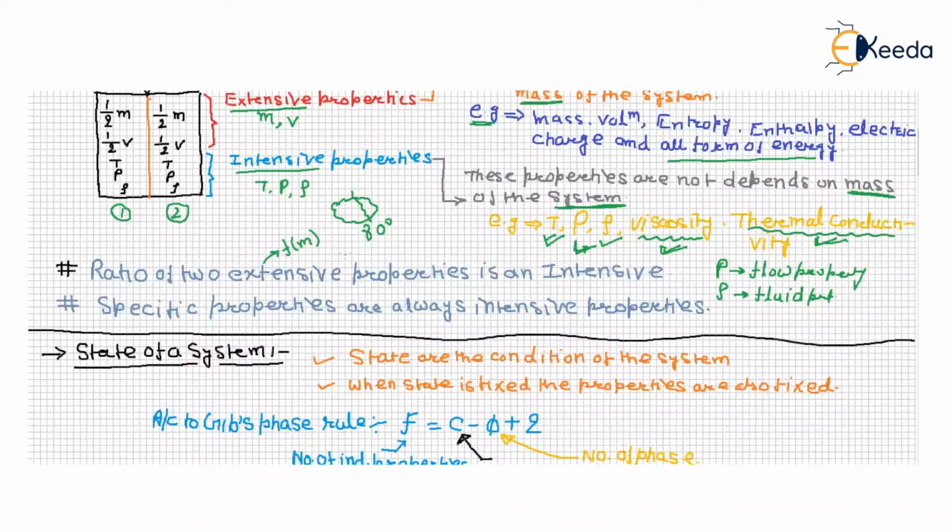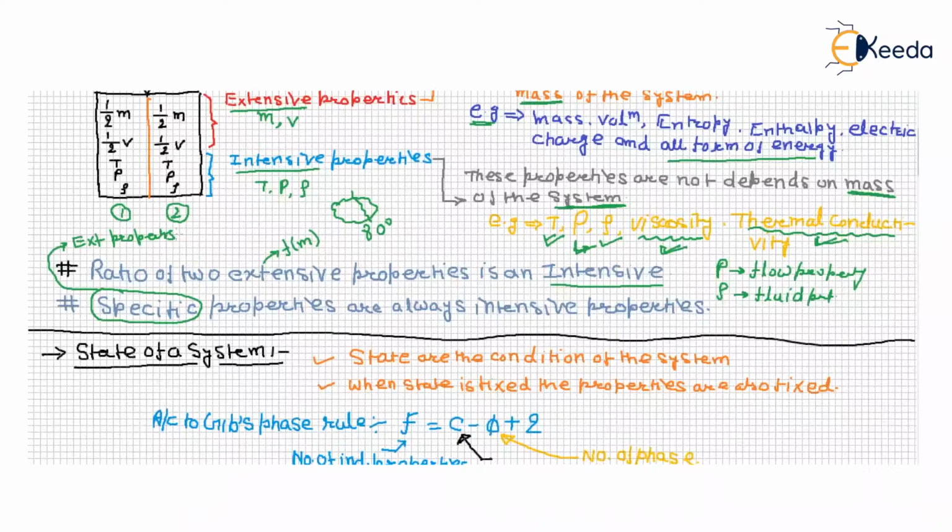Next, specific properties are always intensive properties. Why? Because specific means extensive properties per unit mass.